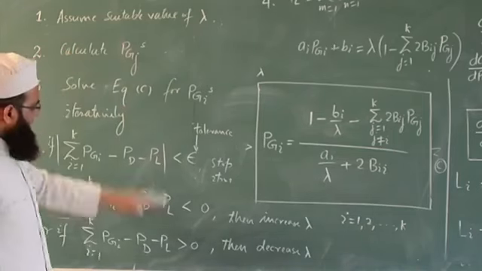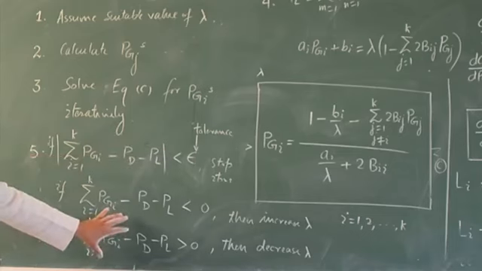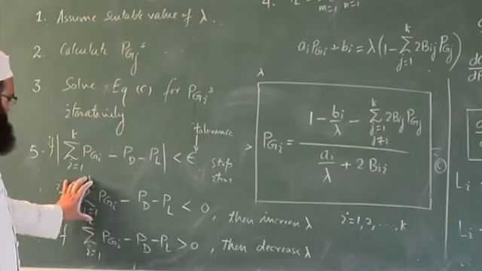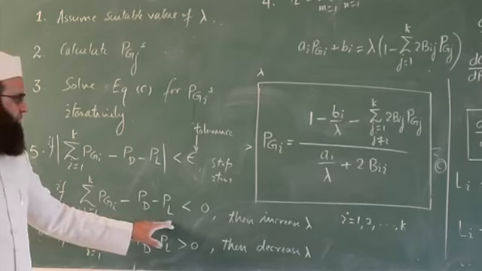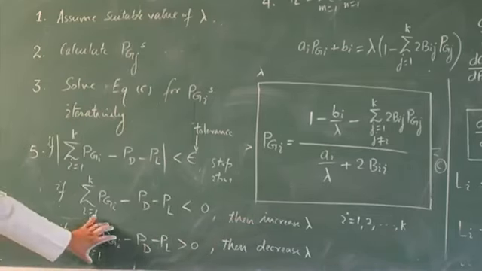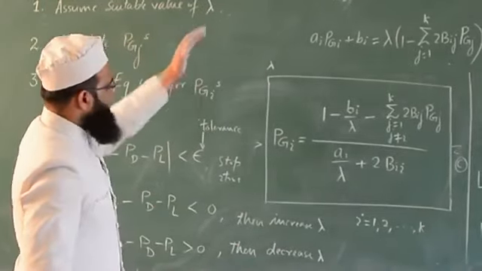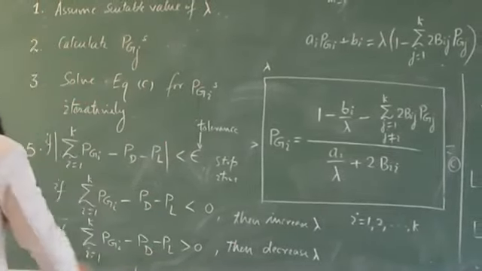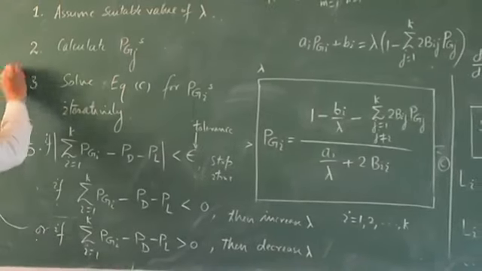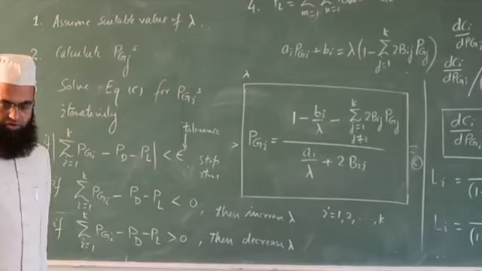So lambda is modified here. If this is not fulfilled, then lambda will be changed according to this check. So check number 1: if total generation is less than the demand plus loss, lambda will be increased. If total generation is greater than the demand plus loss, then lambda will be decreased, and go to step number 2 unless this is satisfied.